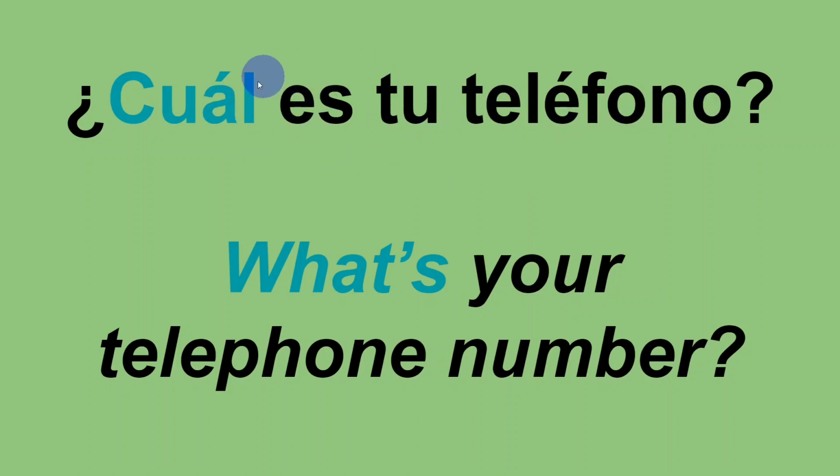Now here again, when you gain speed or when you hear the native speakers, they don't say cuál es. They don't separate the words. They say cuál es, cuál es. ¿Cuál es tu teléfono? And that's when you're going to hear, oh my God, when I hear people speaking Spanish, it seems like one long word with no pauses.